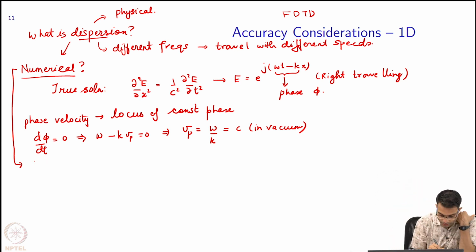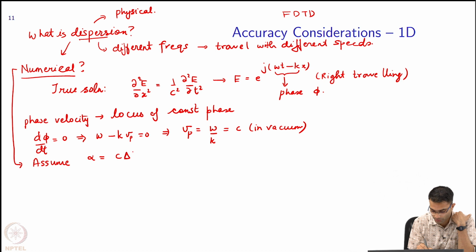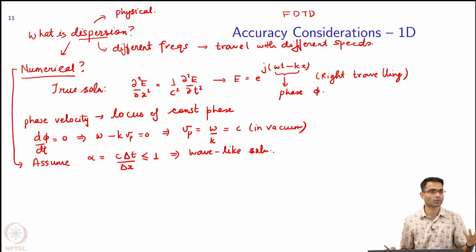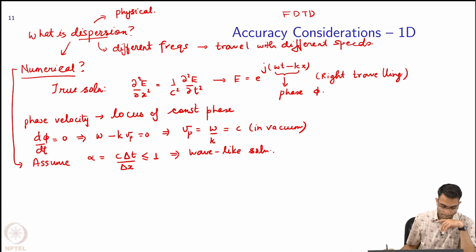Okay. So, now let us assume that alpha, which is the ratio of C delta t by delta x, is less than or equal to 1. Okay. So, that says wave like solution is what is obtained, right. Now, what do I do?